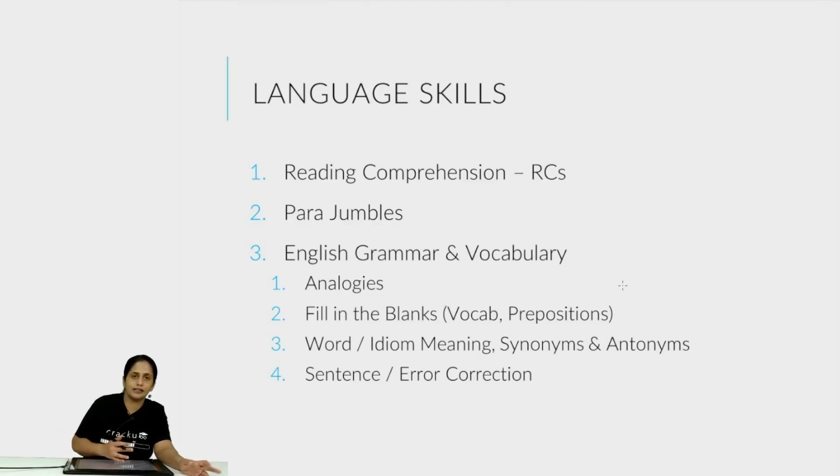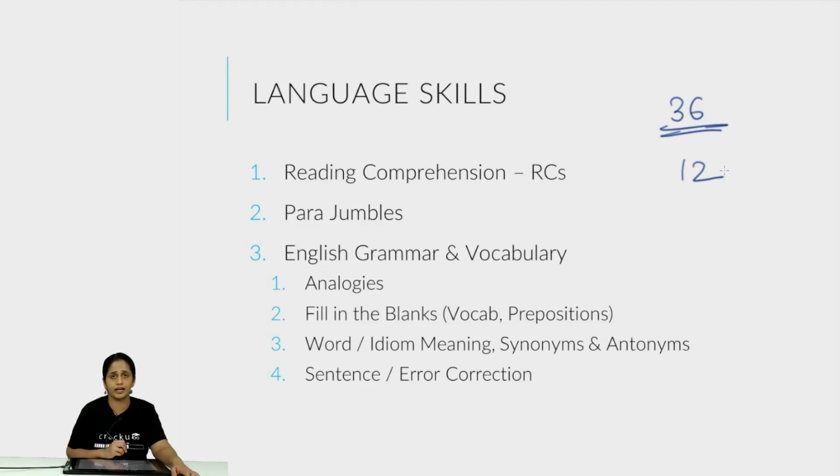The first and biggest component of NMAT language skills is reading comprehension. Out of the 36 questions in this section, around 12 come from reading comprehension. There will be 4 set reading comprehensions, pretty similar to the CAT level, maybe slightly easier. Generally 3 to 4 sets come.